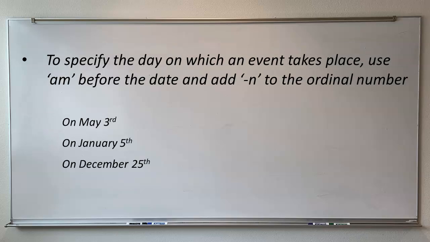So let's practice with a few more examples. If I want to say on May 3rd, remember, start with your am, add the n to the ordinal, and then the month. So am, remember third is irregular, dritte, so you have to add the N. Am 3. Mai. On January 5th, am 5.